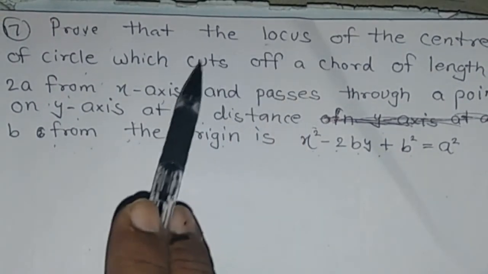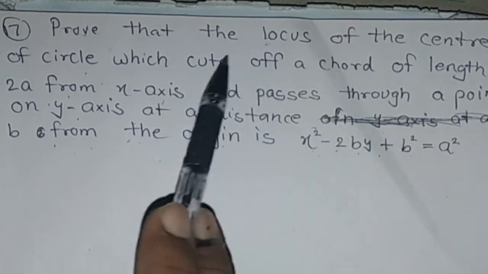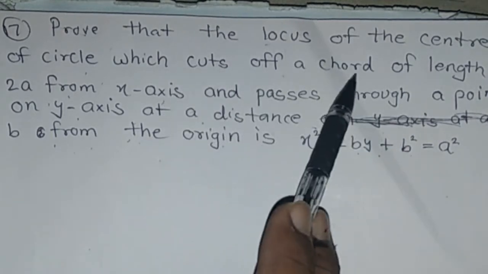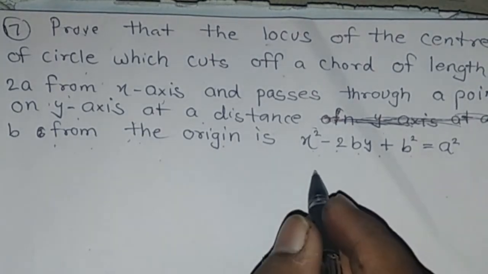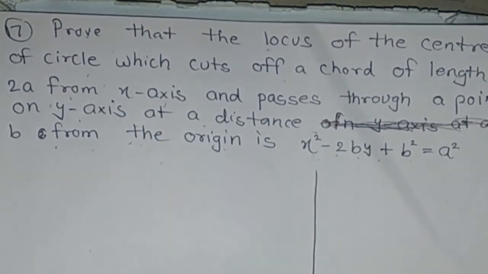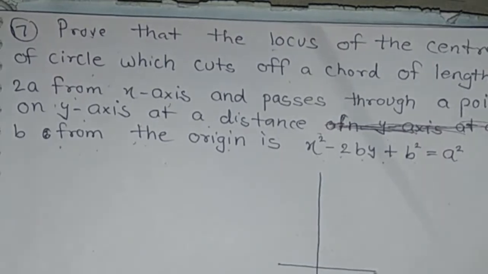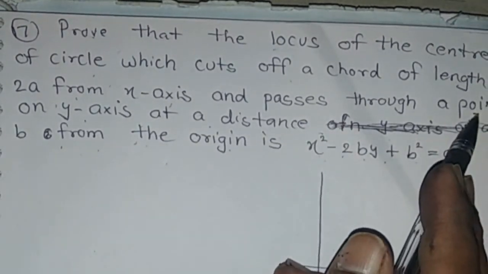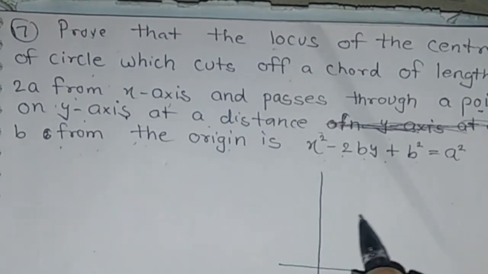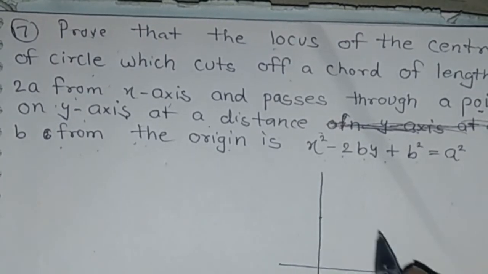we have to find the locus of the center which cuts off a chord of length 2a from x-axis, and passes through a point on y-axis at a distance of b.